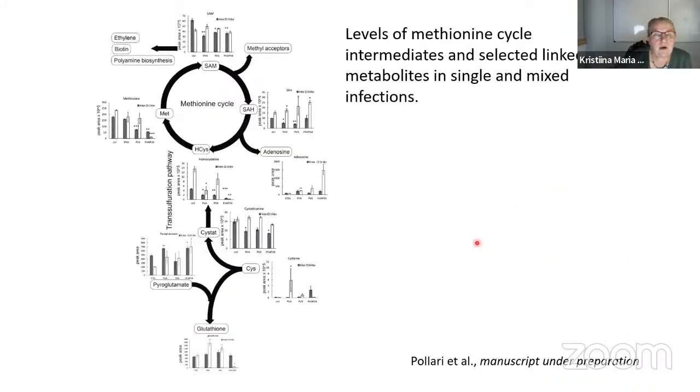Now that we made a metabolic profiling of these plants, we get a little bit further support to this hypothesis. What we can see here is that single infections by PVA and PVX are not that much affecting methionine synthesis.